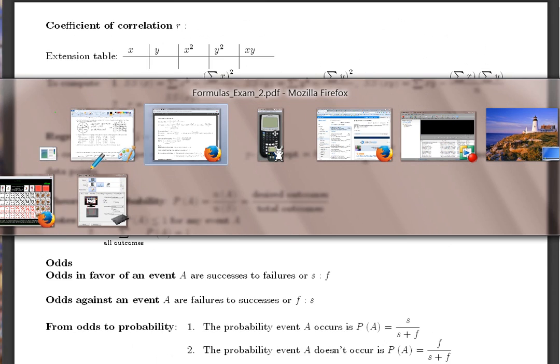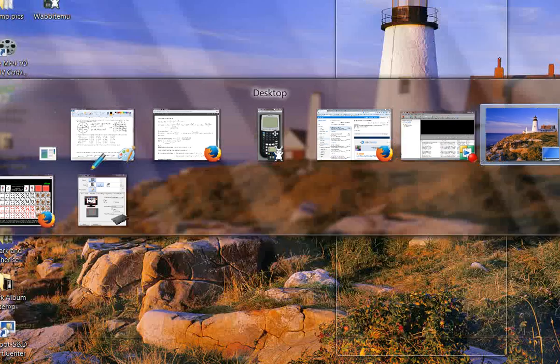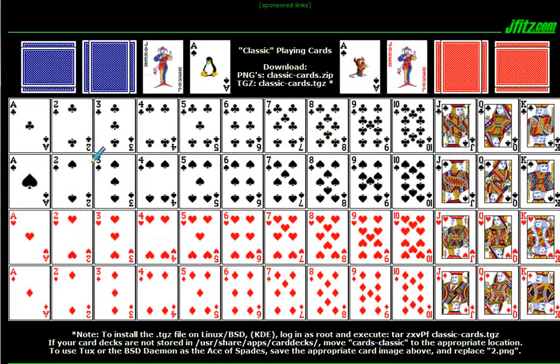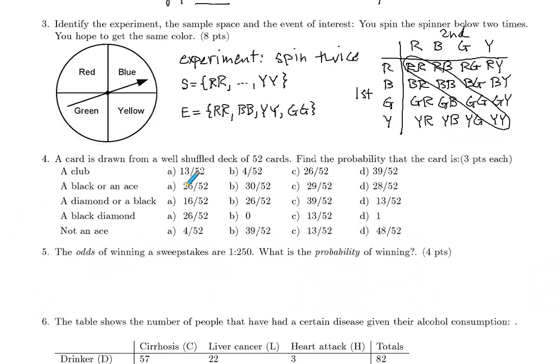So if we go back to our deck of cards here, your clubs are right here. There are 13 of them, and we're not including jokers here. This is our deck of cards right here. So you got 13 of each suit, 4 suits. So we got 13 clubs and 52 altogether. So 13 out of 52, right there we go. A right off the bat.